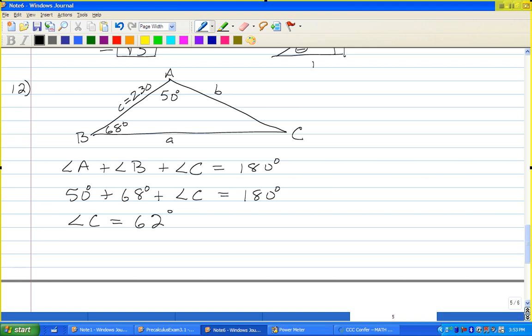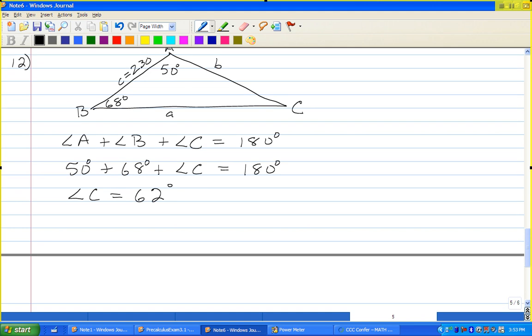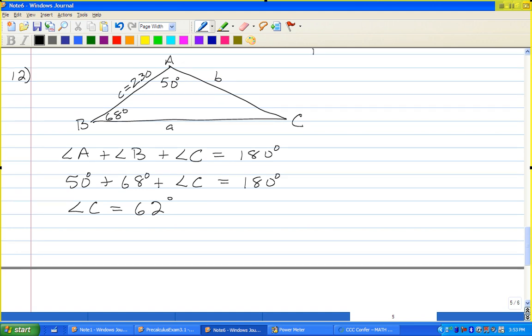Okay, good. Now let's figure out the others. I can either use law of sines or law of cosines. I'll use the law of sines.